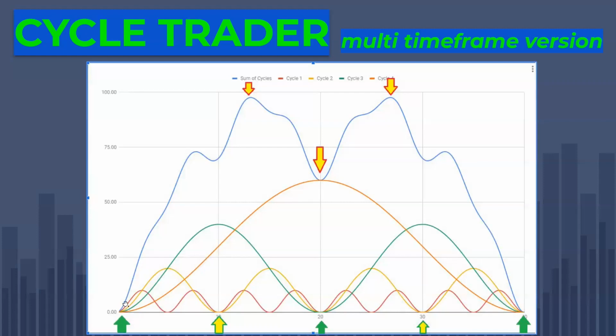And this is exactly what can be seen on the chart. Again, the blue line is a summation of those 4 differently colored cycles, and we can see that it aligned perfectly with those points when the 4 cycles made those troughs.